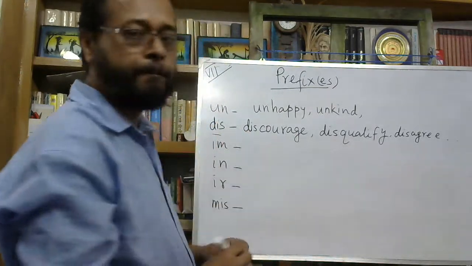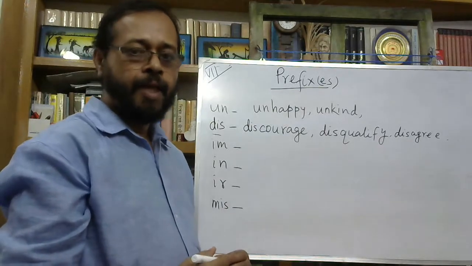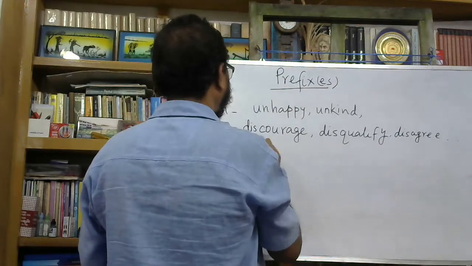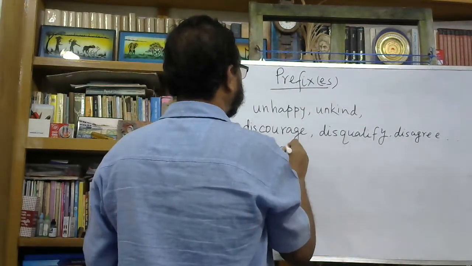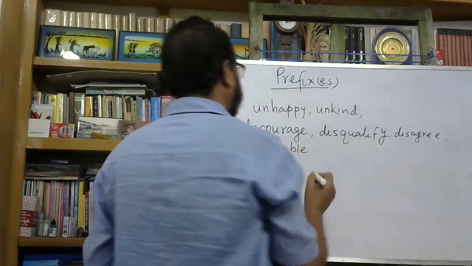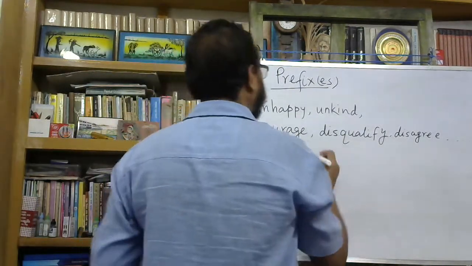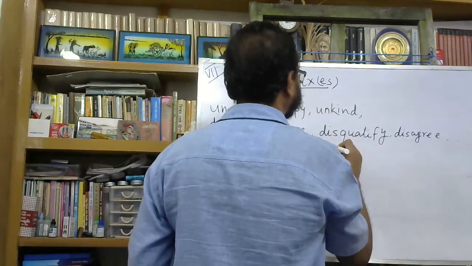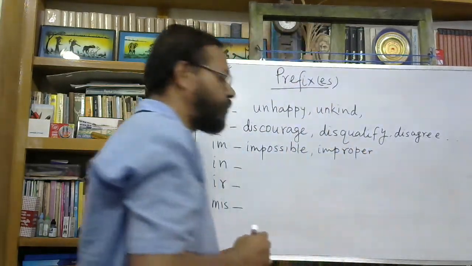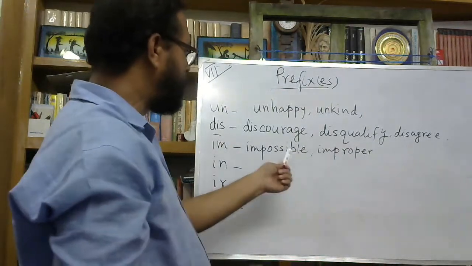Now impossible. Impossible, that is not possible. Negative. Improper. Proper is a root word, and so improper.